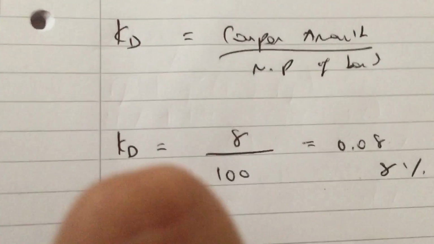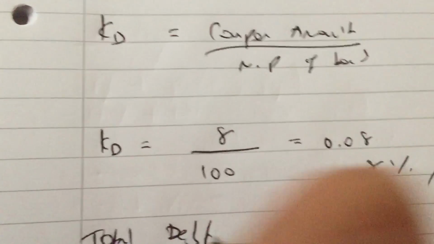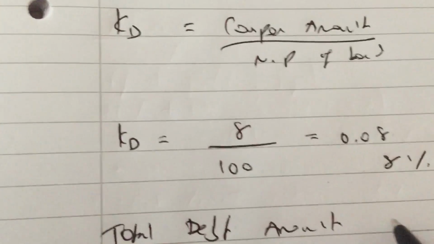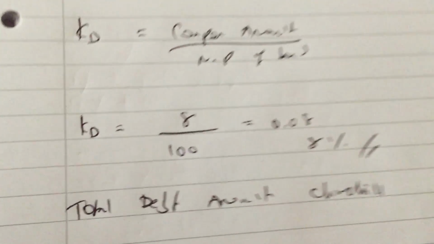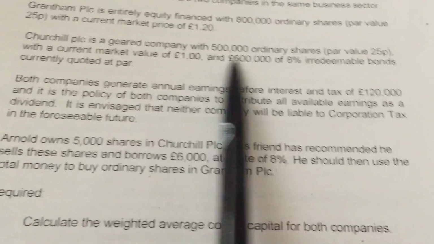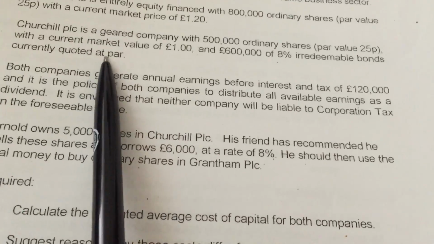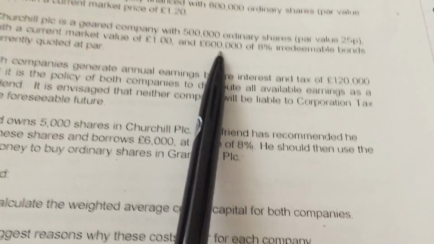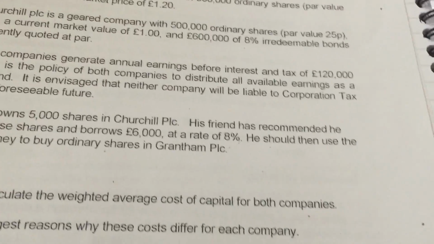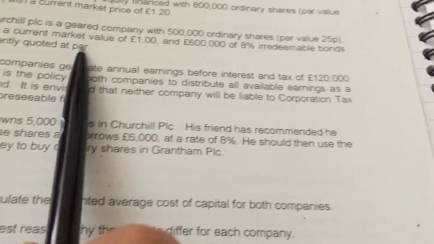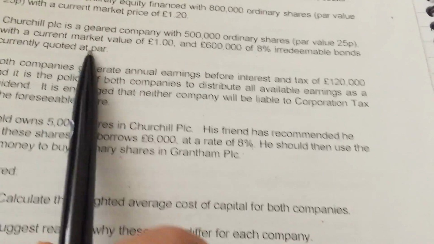And now we need to work out what our total debt amount is for Churchill PLC. Well, we know that they have 600,000 8% irredeemable bonds, currently quoted at par. So nominal value is £1, and it's quoted at nominal value.